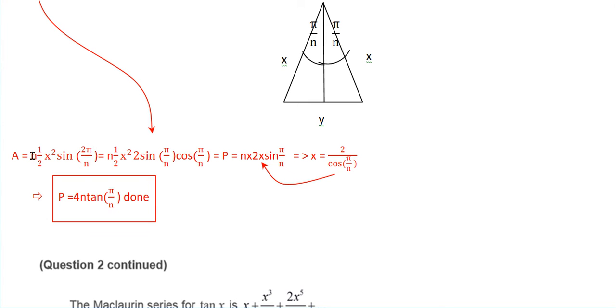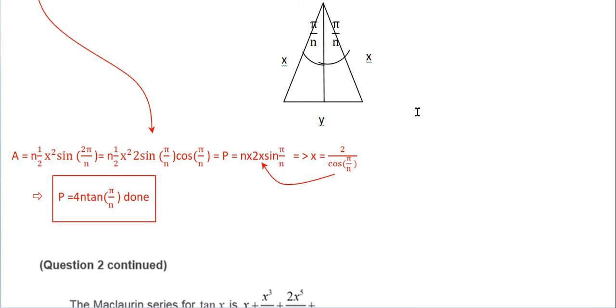For n areas, we use the double angle identity, so sine 2π over n becomes 2 sine π over n cosine π over n, and we get the relation x equals 2 over cosine π over n.